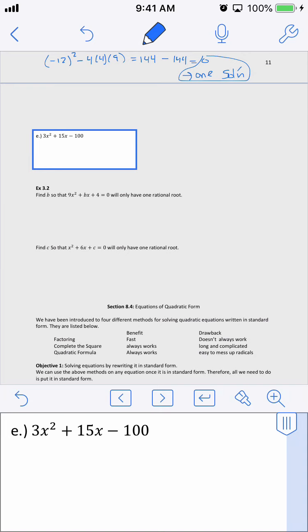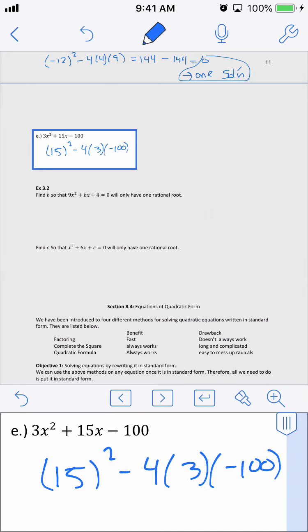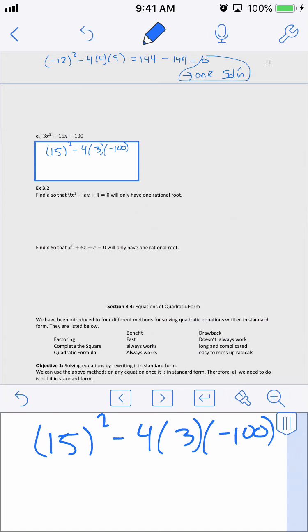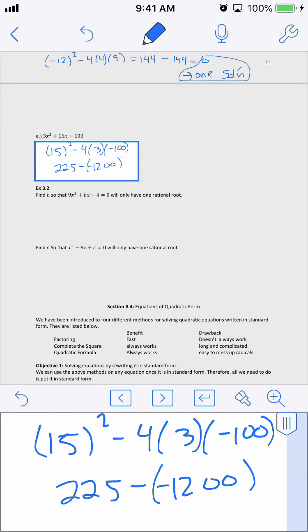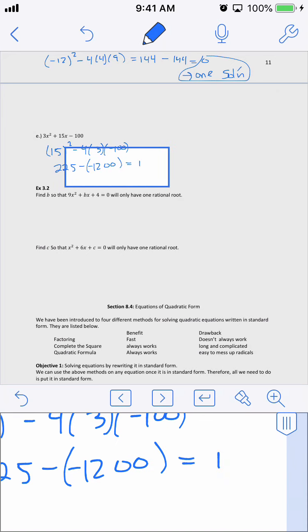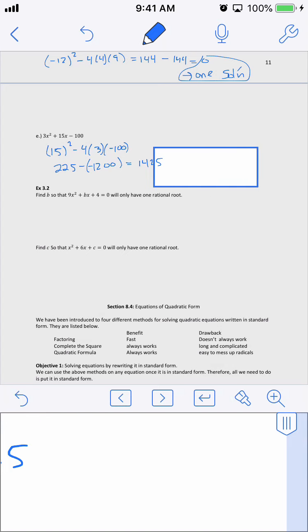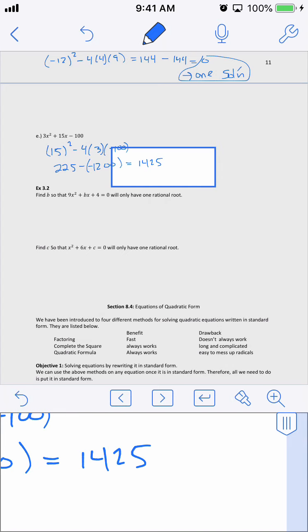Okay, so discriminant: b squared minus 4ac. 15 squared is 225, minus negative 1200, so plus, would be 1425. Well, I can already knock out 2. It's not a 0 and it's not negative.